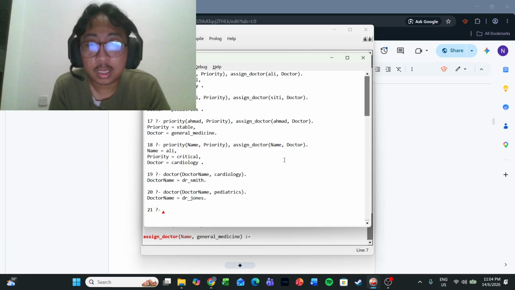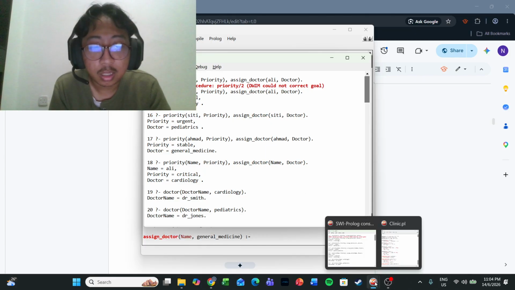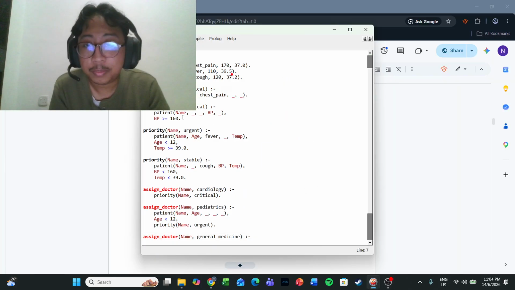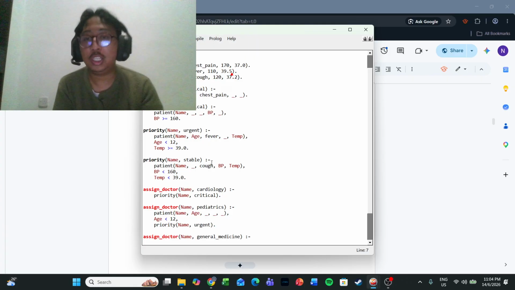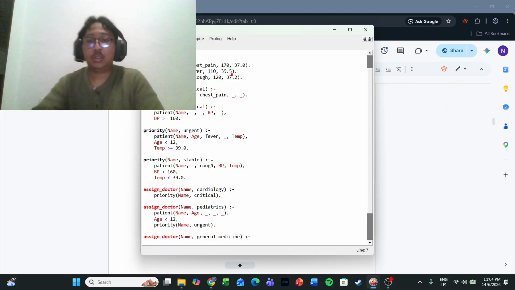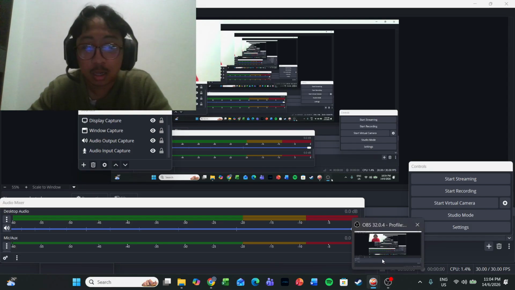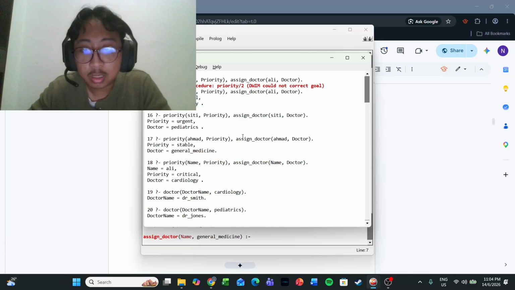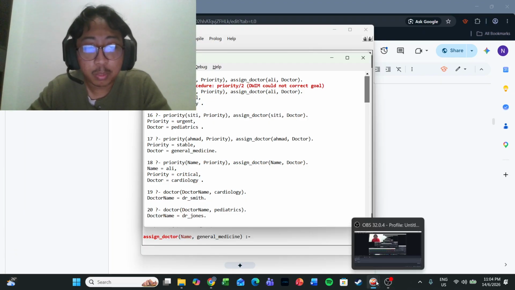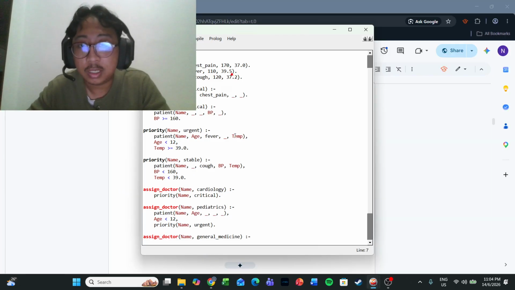So if we look at the logic that we put, we already found the patients for critical and urgent. So let's look at the third urgency priority, which is stable. If we look at Ahmed's condition, Ahmed does not fit within the other two categories.